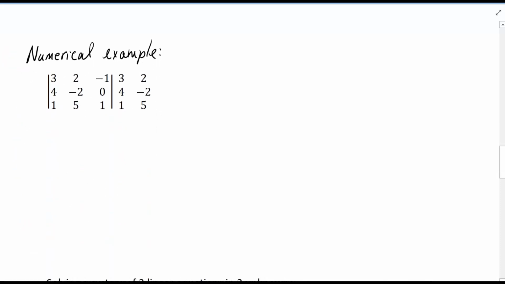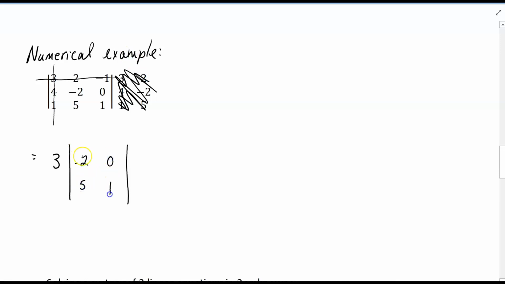All right, I'm going to take the first value. It's a positive 3, so it's 3 multiplied by the 2 by 2 determinant that's left over when I cross off the row and column that 3 sits in, and we don't need these for this process. So we're left with minus 2, 5, 0, 1.